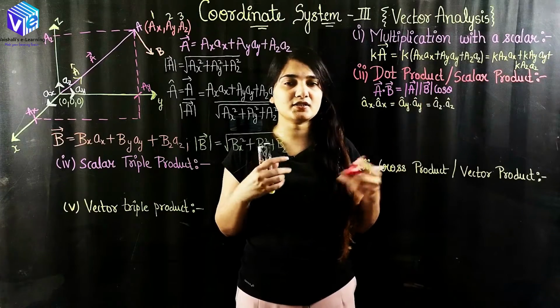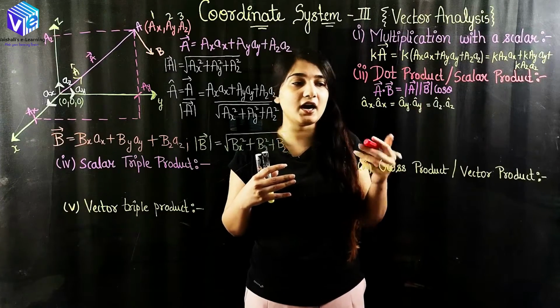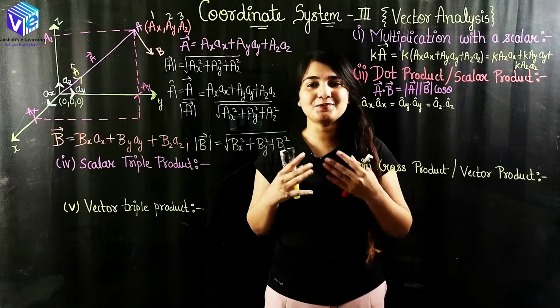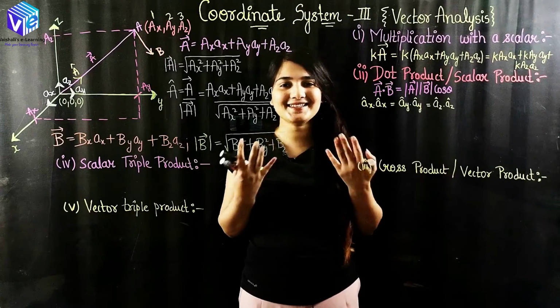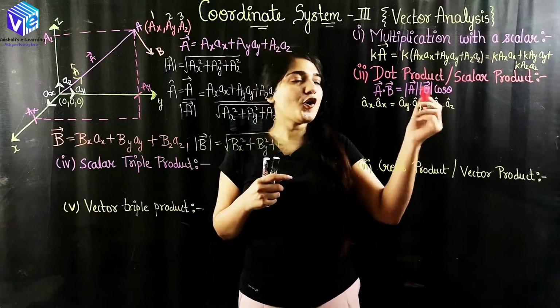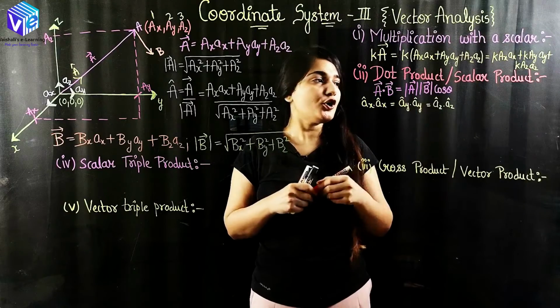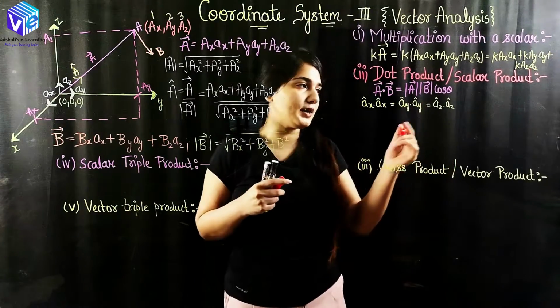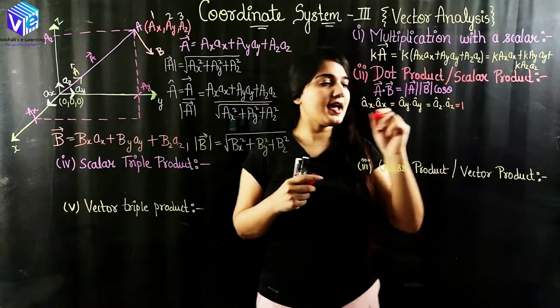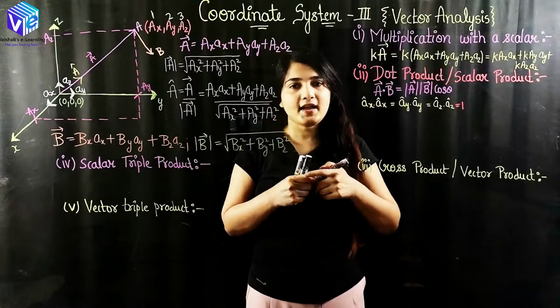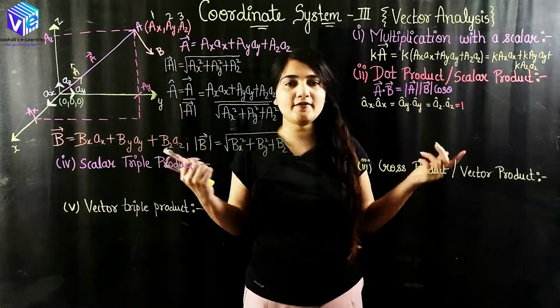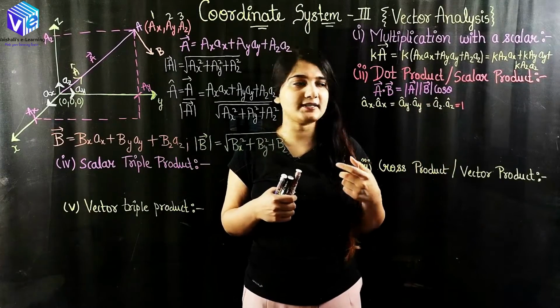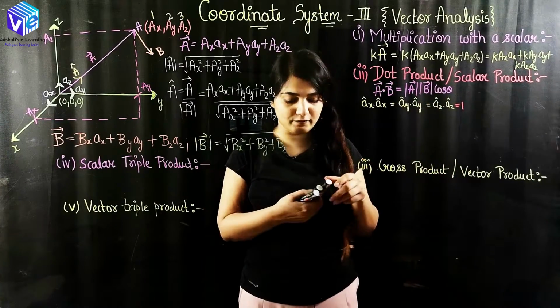So I have to see the cos of theta. Ax and ax both are making a 0 angle. Both are in the same direction. So theta will be 0, and cos of theta will be cos of 0, which is 1. So I can say ax dot ax is 1, and in a similar fashion I can find ay dot ay and az dot az as well, and they will come out to be 1.